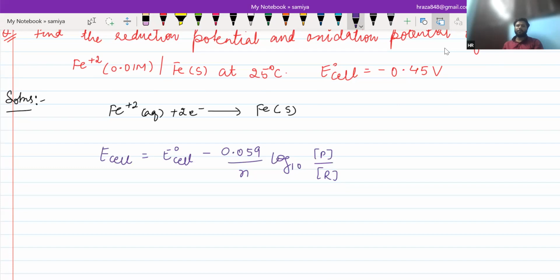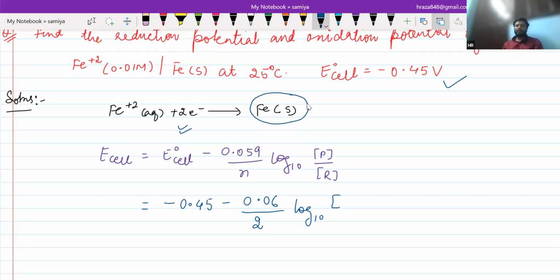Now I'm just going to put in the values, nothing else, and it will be so easy. E naught cell is given as minus 0.45. You can see minus 0.45 minus 0.059, I'm just going to round it off, it will be 0.06 upon N. N is the number of electrons. How many electrons did it gain? 2 electrons. So I wrote 2, log to the base 10. Now see, what is the product?